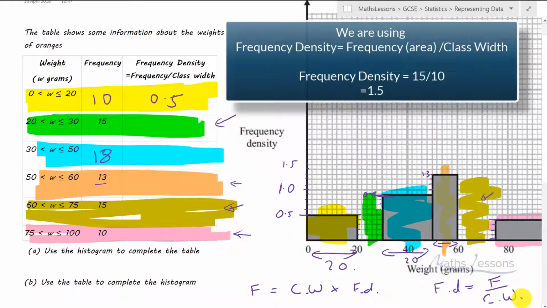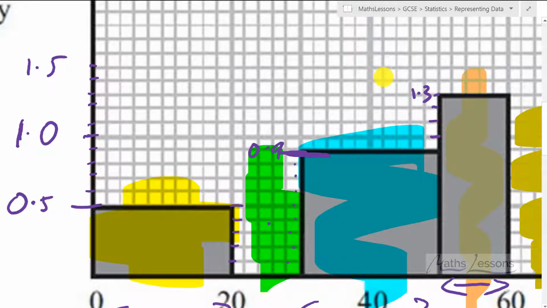So frequency here is 15, divided by the class width, which is 10, gives us a frequency density of 1.5. So we can zoom into our graph, realise 1, 1.1, 1.2, 1.3, 1.4, 1.5, and we get that bar there.